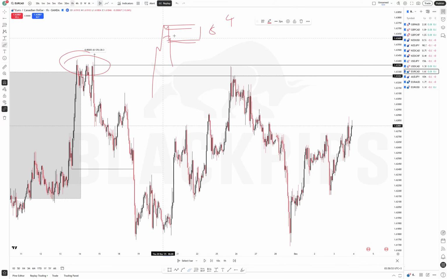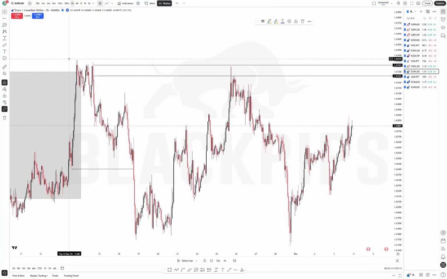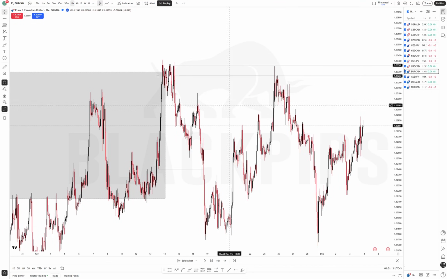I usually take this one and this one, because sometimes the market can come and tap only this and fail to tap this one and then move below. So sometimes you don't have to over refine, you just have to find the perfect entry with a perfect stop loss. That's it. So that is how this trade went.